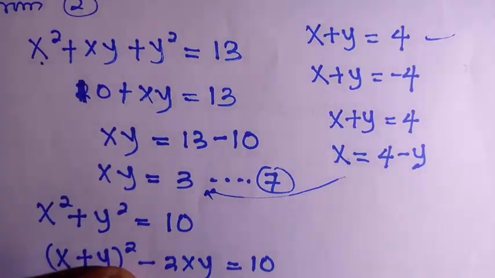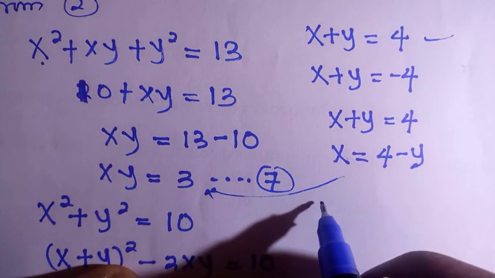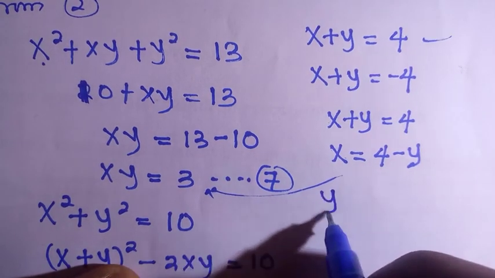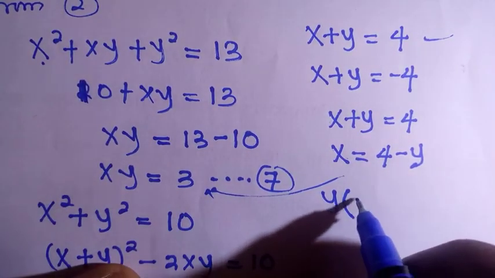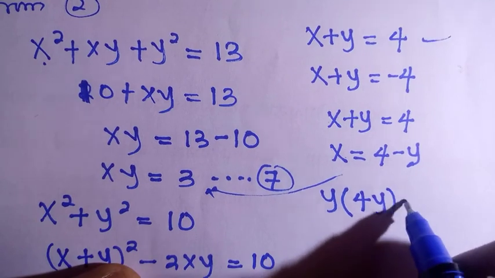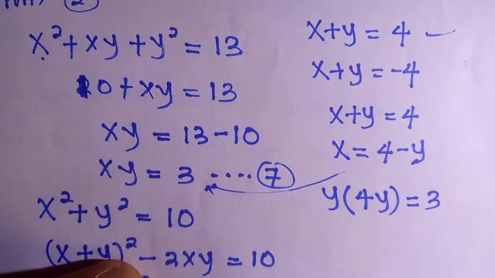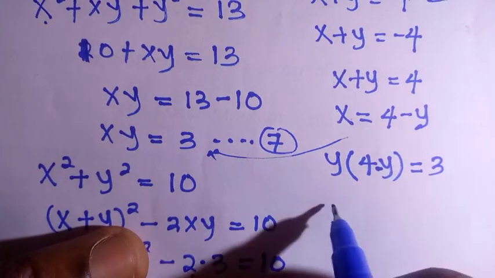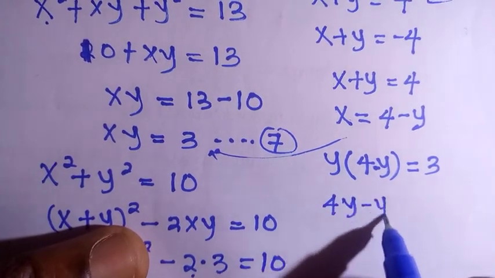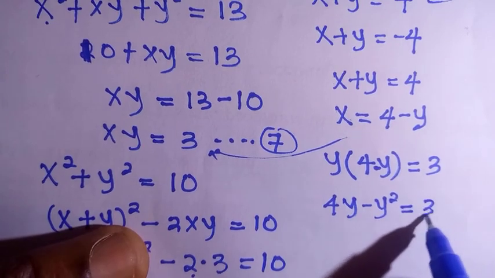We put it here. I want to get y first, and by substituting it, we have y times (4 minus y) equals 3. So expanding, we have 4y minus y squared equals 3.